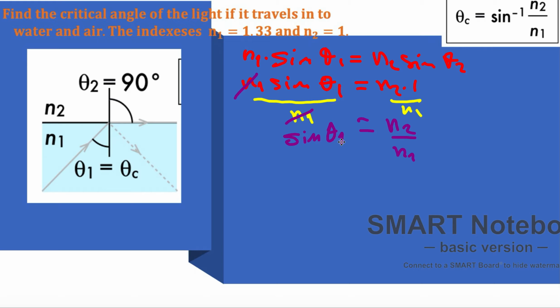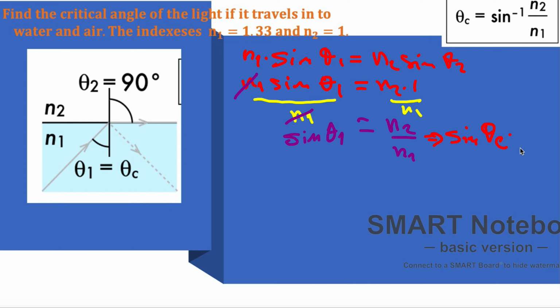But now I'm going to replace theta 1 with the critical angle theta c. So sine theta c is equal to N2 divided by N1.